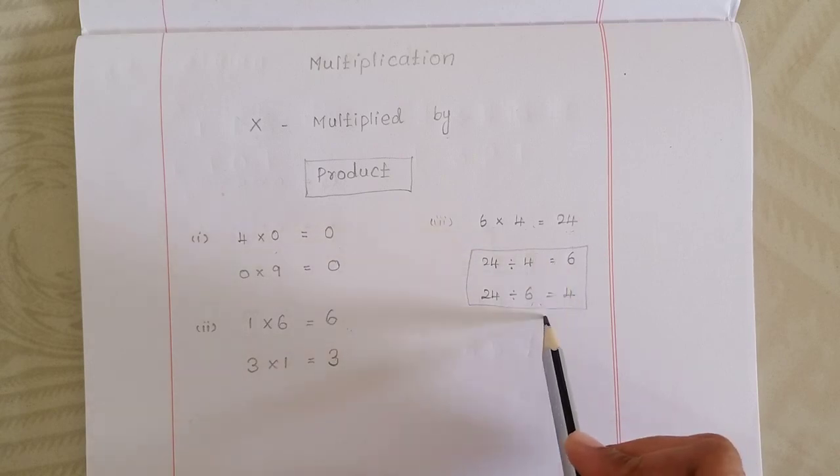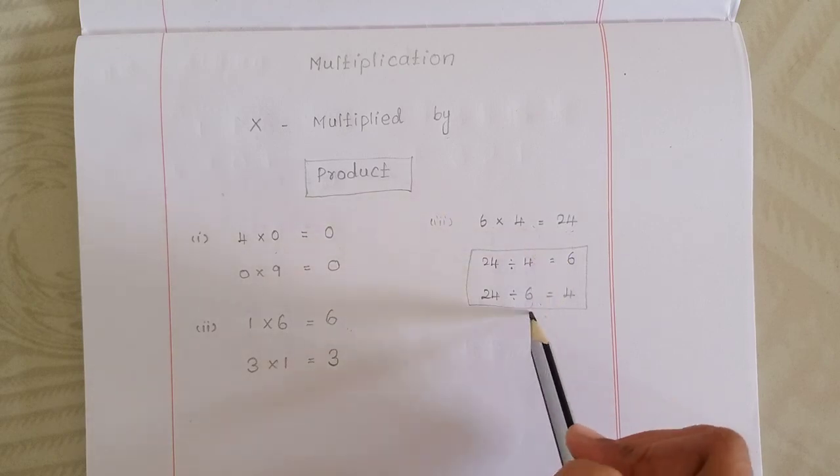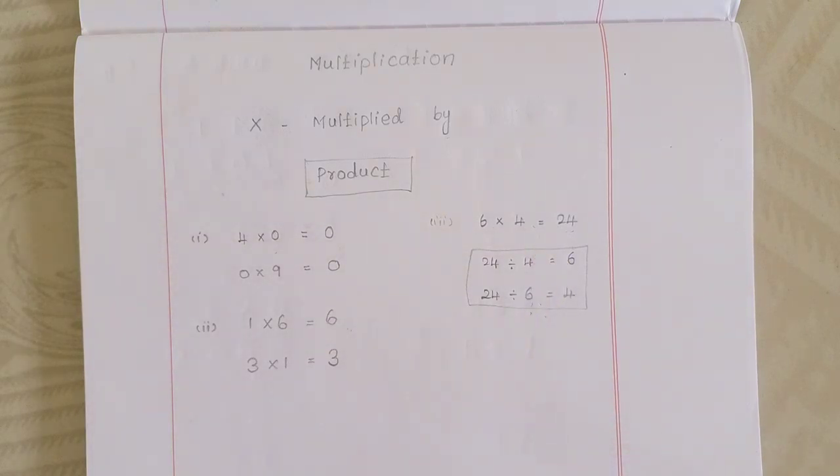2 division facts. Okay, every multiplication fact there are 2 division facts. Then the fourth one: in a multiplication operation the change in the order of the numbers being multiplied does not change their product.